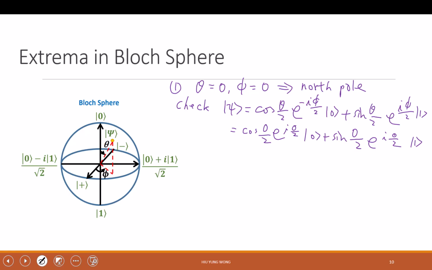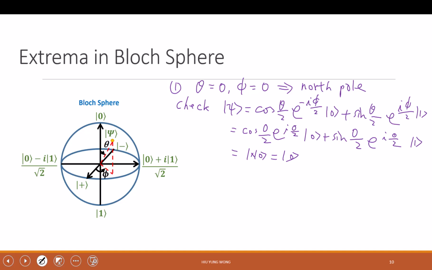And e to the power 0 is 1. So this is just equal to 1, 0, which is 0. Only this term is left. Make sense? So it's correct. If you plug in this equation, indeed it is equal to 0. So for the 0 state, theta equals 0.